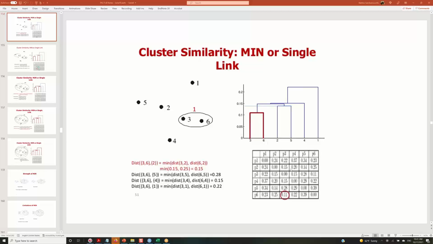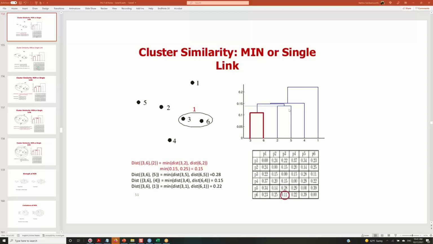And then you keep increasing the distance, right? Next is 0.15? Let me see, 0.14 is there. That's the lowest. Agreed, everybody? 0.14 is next. So when it comes to 0.14, P5 and P2 are connected. So that is separately getting connected at 0.14.